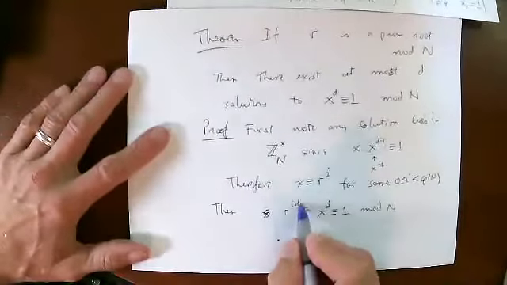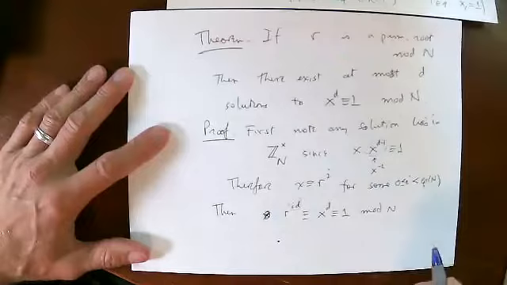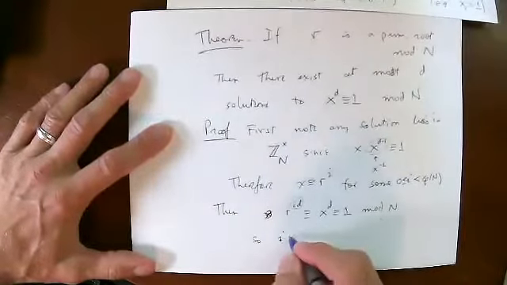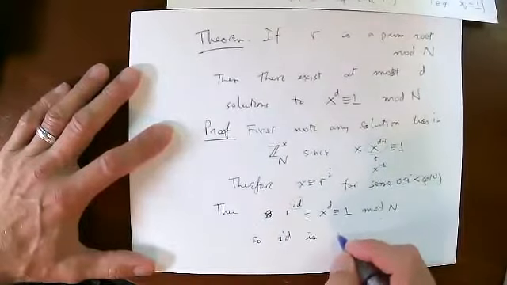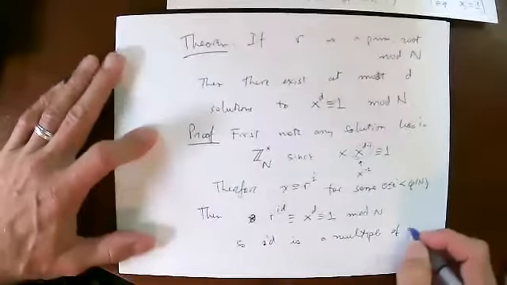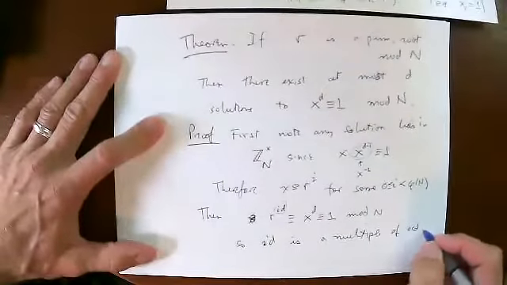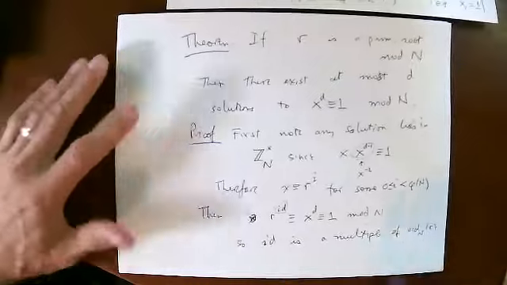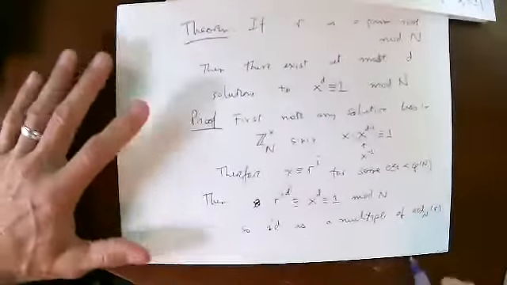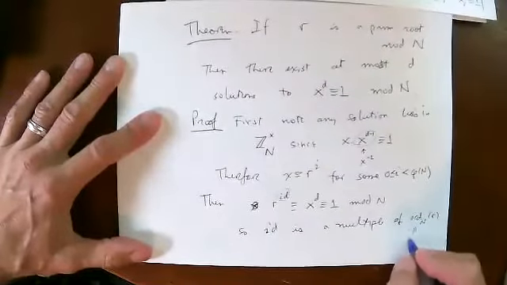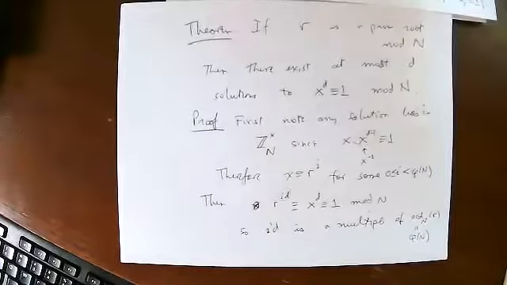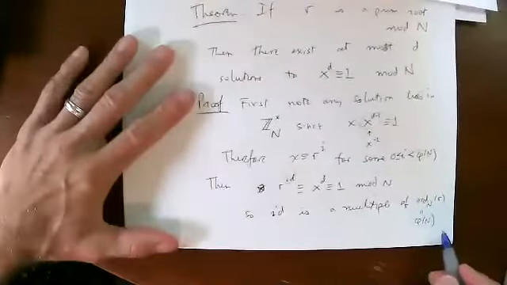And that makes this exponent be a multiple of the order of R. That's kind of the definition of the order mod n of R. And the fact that R is a primitive root means that this order would be the same as phi of n. That was my definition of what primitive roots are.